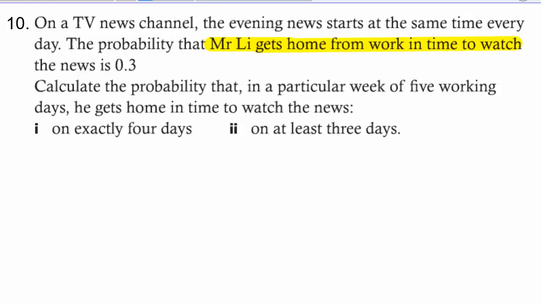That sounds like a probability of success for me here. Calculate the probability that in a particular week of 5 working days, he gets home to watch the news, 1, on exactly 4 days and 2, on at least 3 days.